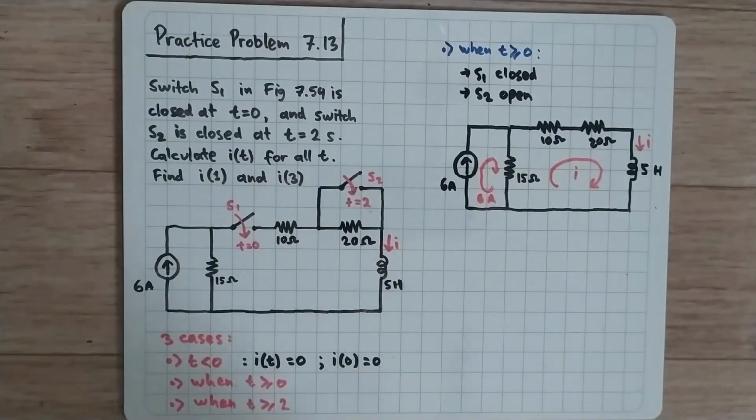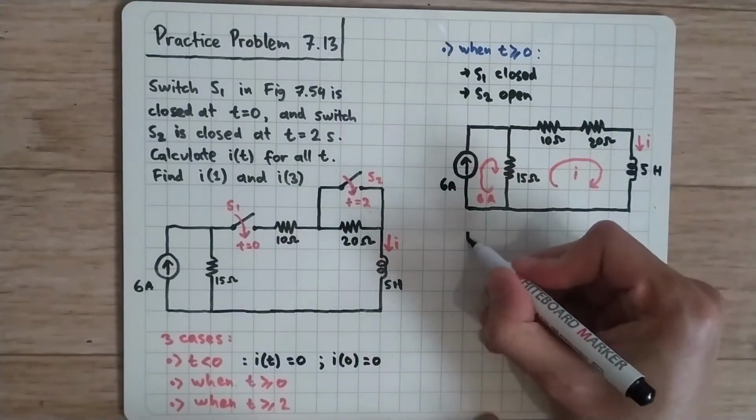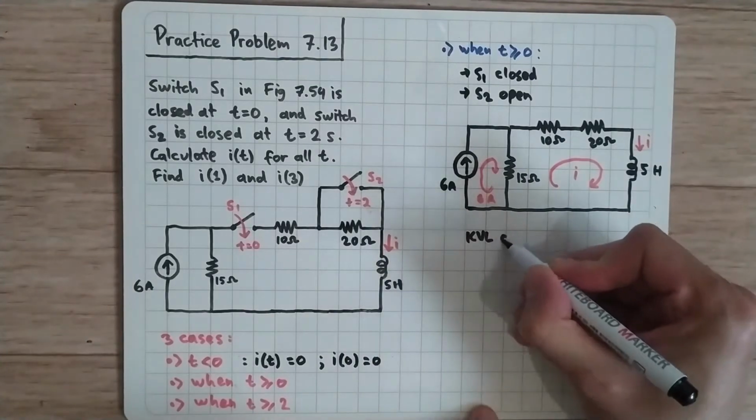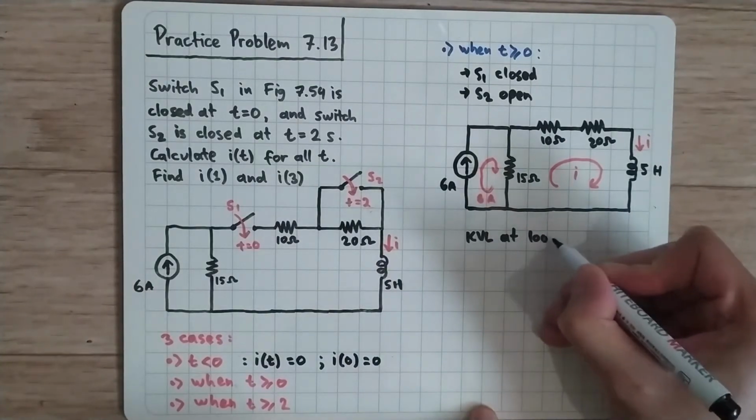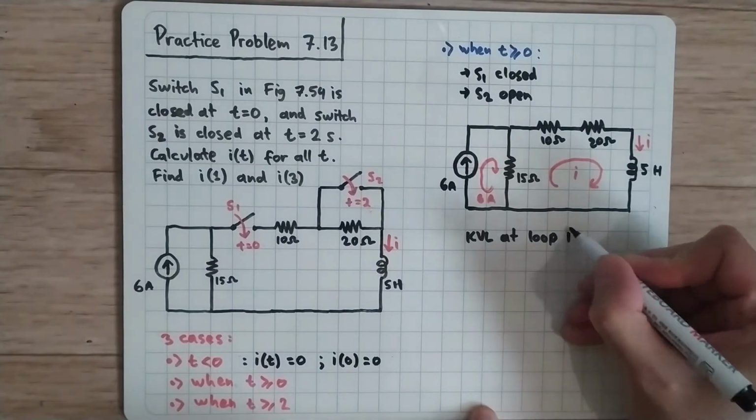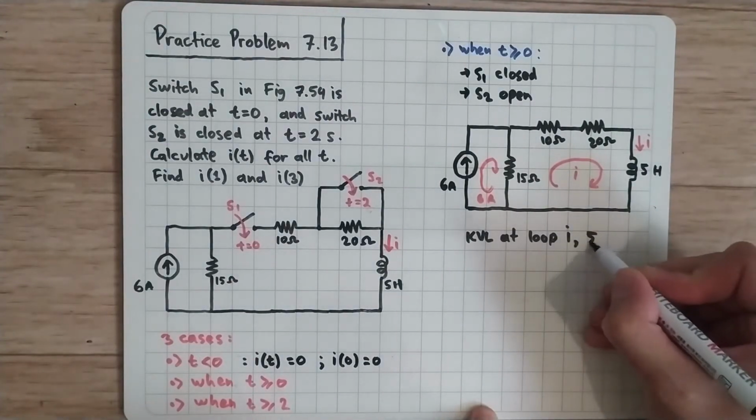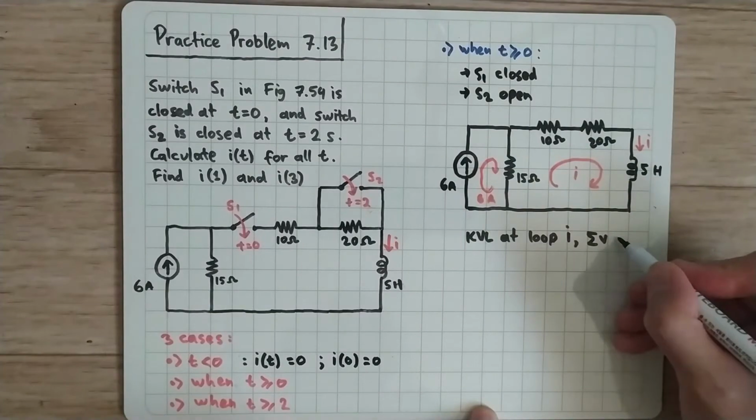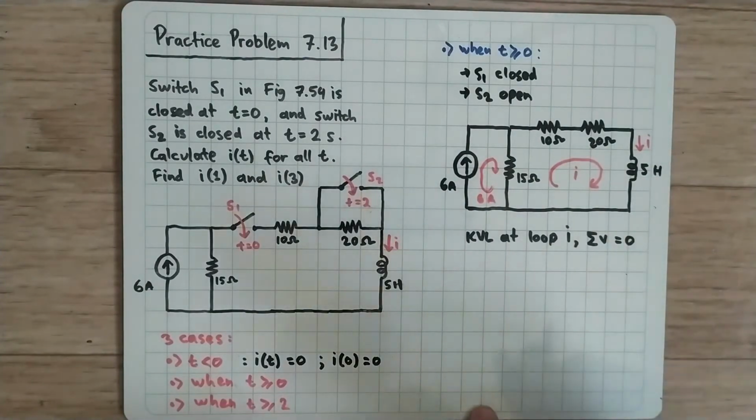And so we need to do KVL at loop i. Remember that KVL says that the sum of voltages in a loop will equal 0.